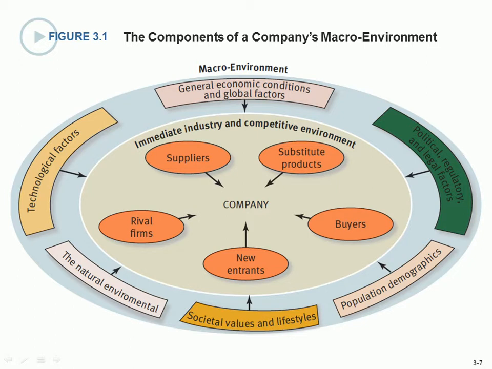PESTI, so economic, E. So what are the global conditions and the global factors? Is there a recession going on? Is there a boom going on? Important stuff. And societal values and lifestyle. If you want to launch a ski business here in the UAE, your market's limited to maybe Ski Dubai. So you have to know where you are. Then it's the demographics.